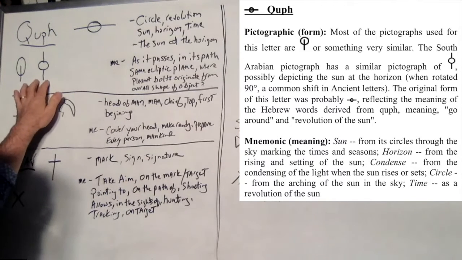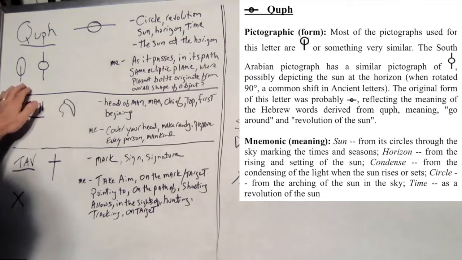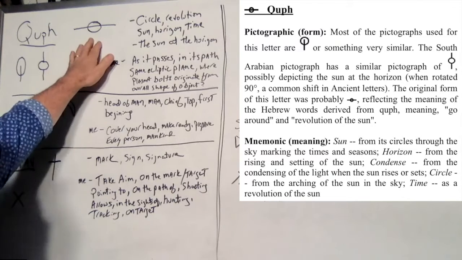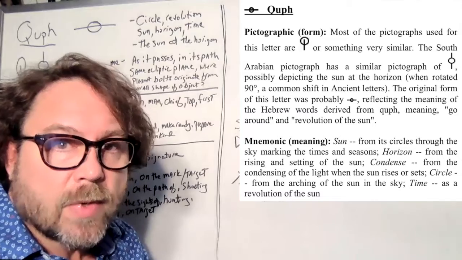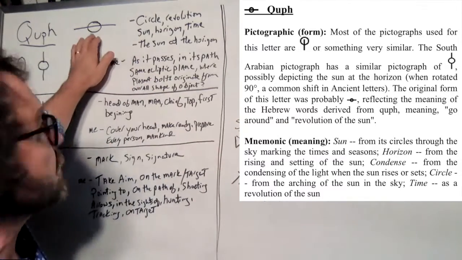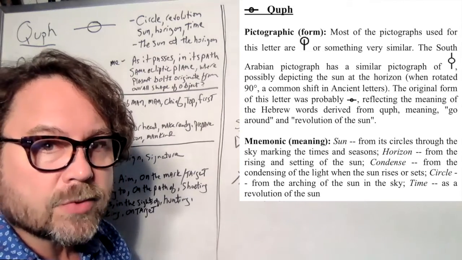That may be describing this right here. Okay, Mr. Bender doesn't have a name for either one of these letters, but he's associating those with that Quph letter. He believes that this is probably the original way that was written.